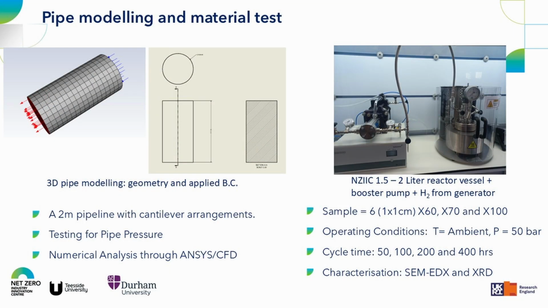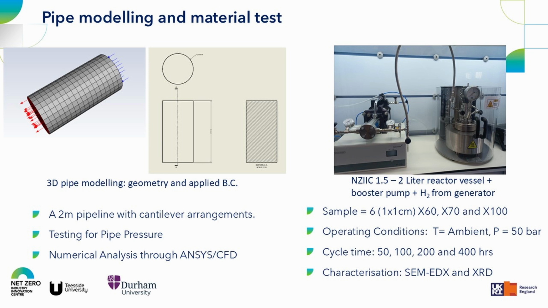This work package of three-dimensional modeling of the pipeline and sample testing is being performed under work package 2 and I think 5 from Teesside University. This is the initial pipe modeling.